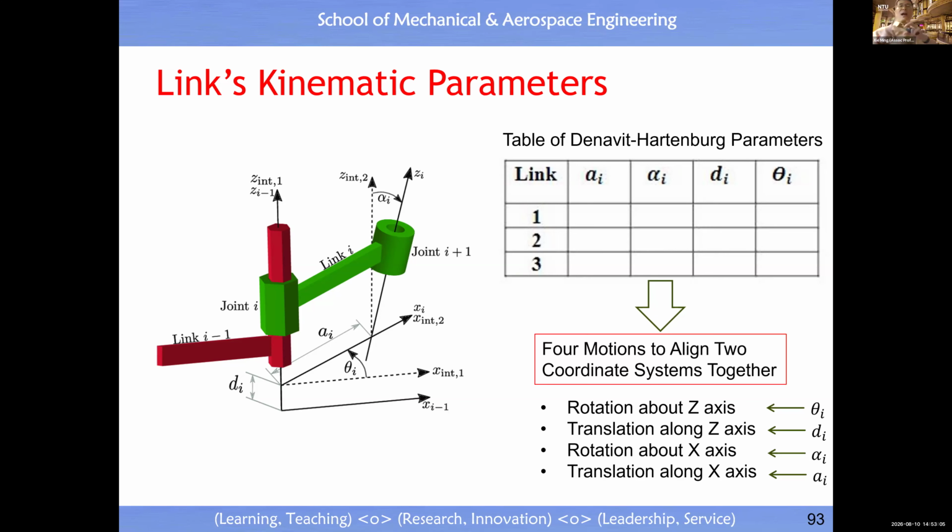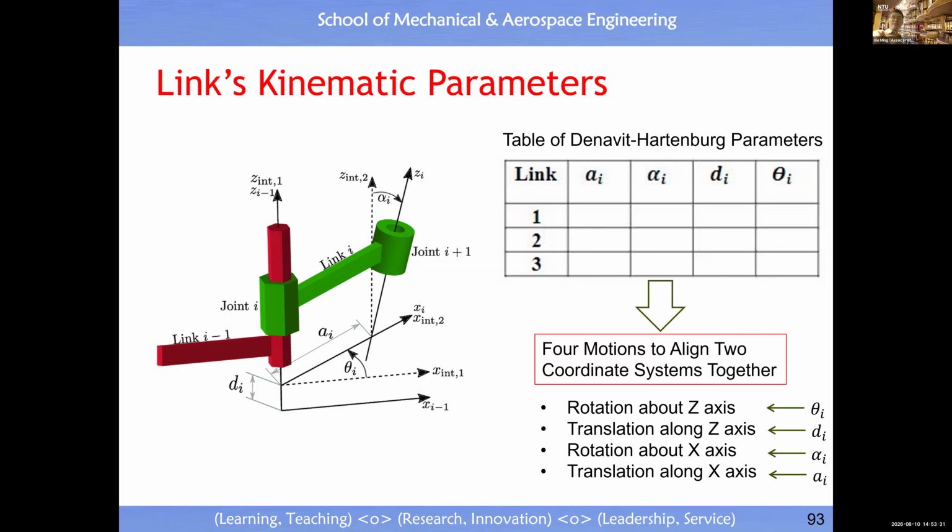Then there is one kinematic parameter, which is theta i. After that, you translate along the z-axis. That is the kinematic parameter d i. Then we rotate about the x-axis, and the angle is alpha i. Then translate along the x-axis. That is a displacement of a i.